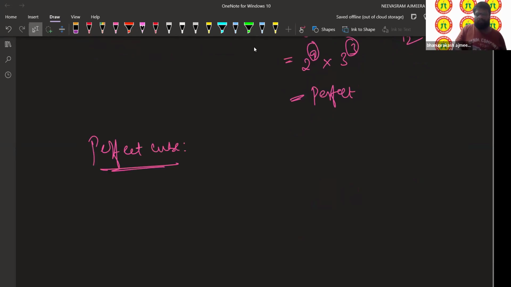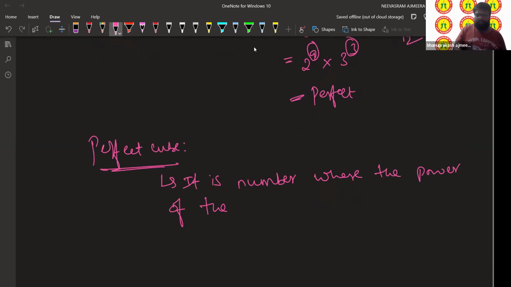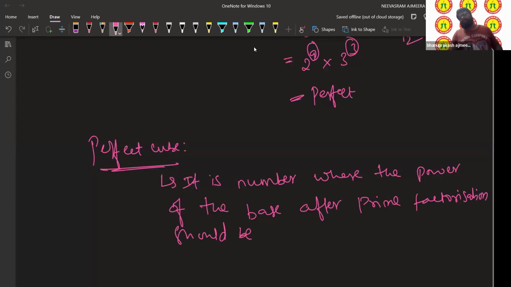A perfect cube is a number where the power of the base after prime factorization should be a multiple of 3 or factor of 3.